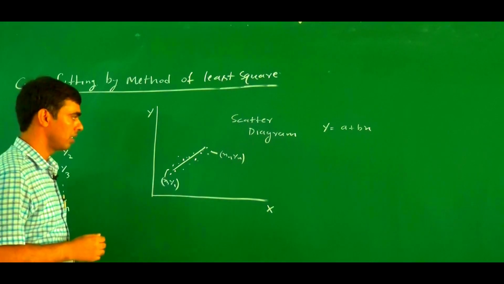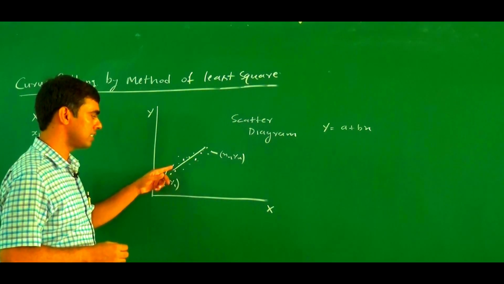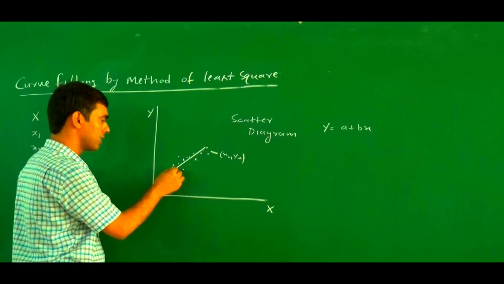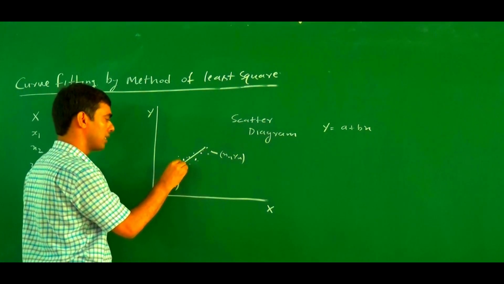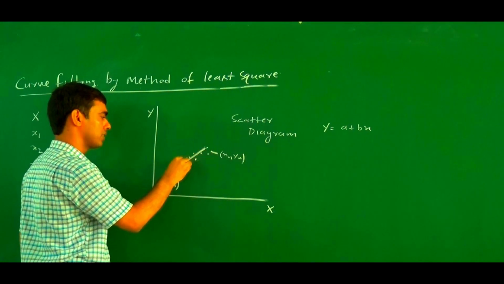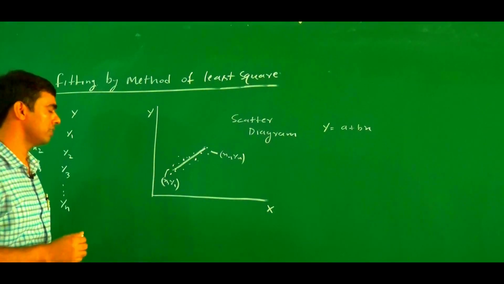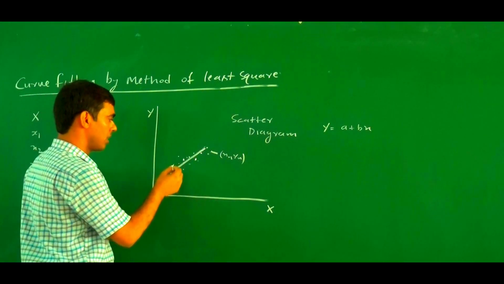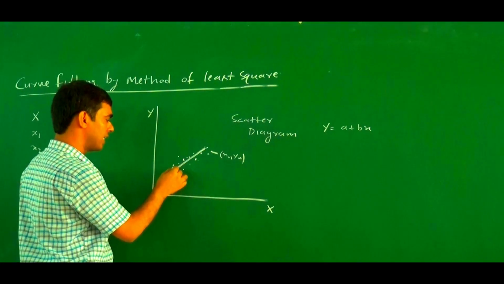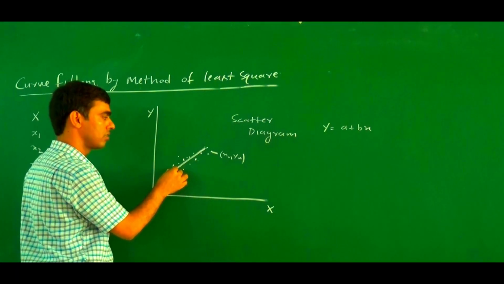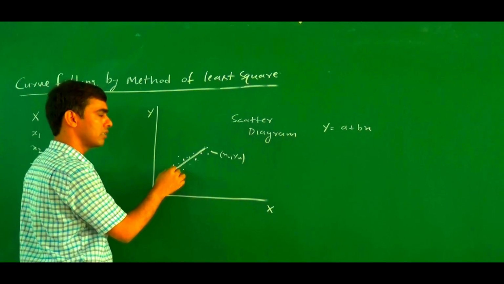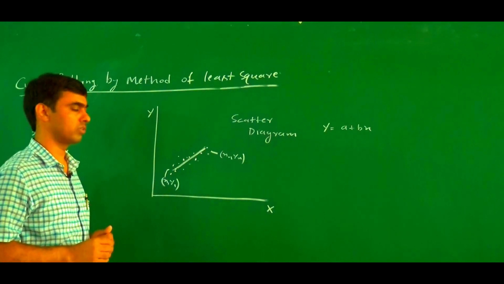It is not necessary that all the data lie on this straight line or this function, whatever the function, but for the sake of simplicity we consider the straight line. If a point lies on the straight line, then the difference becomes 0.